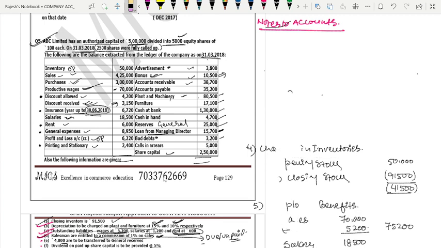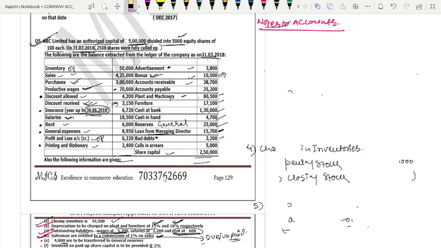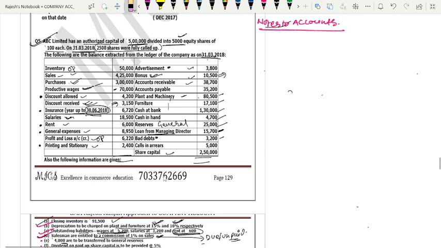Then prepare the share capital notes first of all. There is authorized capital, they are also given in the question. Notes is share capital first.